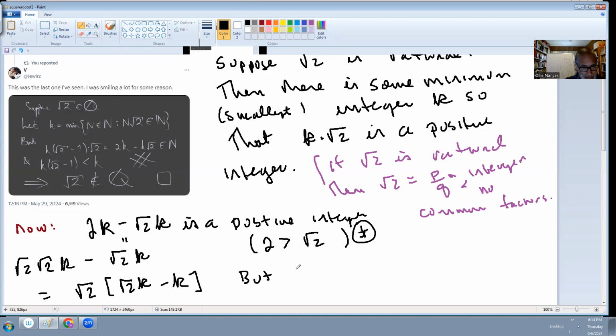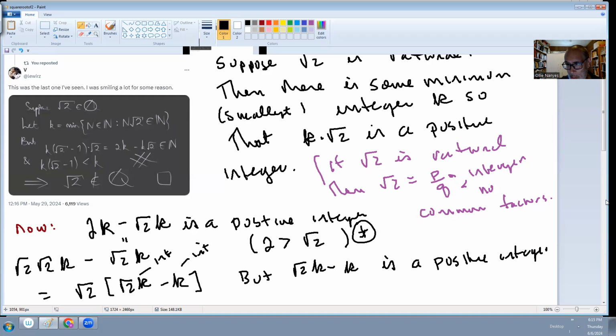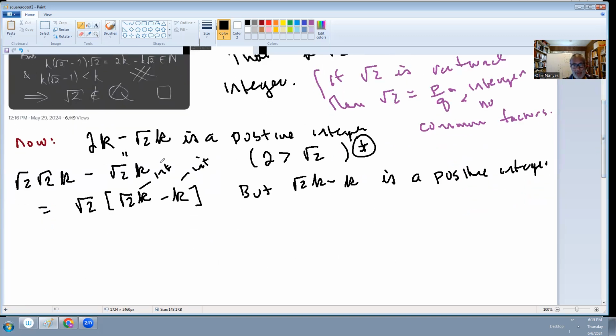But we know that the square root of 2 times k is an integer, by definition. So we know that the square root of 2 times k minus k is a positive integer, because of course the square root of 2 is greater than 1. And again, it might be a hidden assumption for some of you, but we can go ahead and prove that.